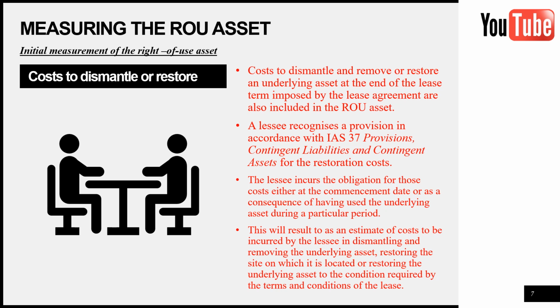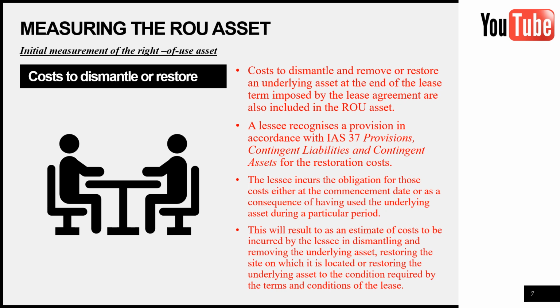Cost to dismantle and remove or restore an underlying asset at the end of the lease term, if imposed by the lease agreement, are also included in the right of use asset. A lessee recognizes a provision in accordance with IAS 37, which is on provisions, contingent liabilities and contingent assets, for the restoration costs. The lessee incurs the obligation for these costs either at the commencement date or as a consequence of having used the underlying asset during a particular period.